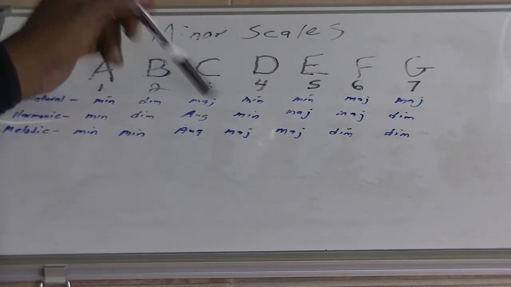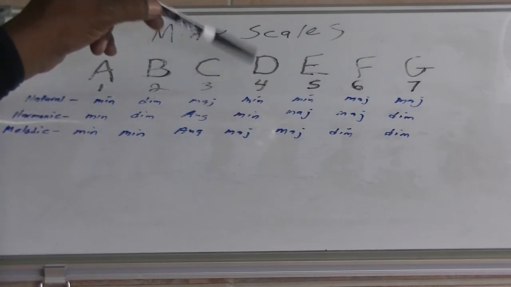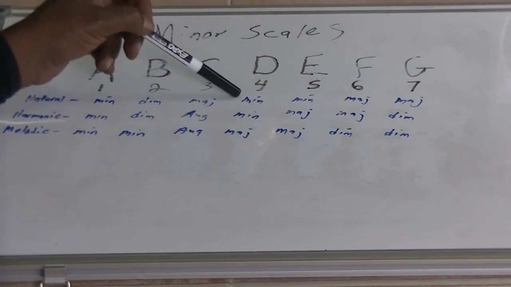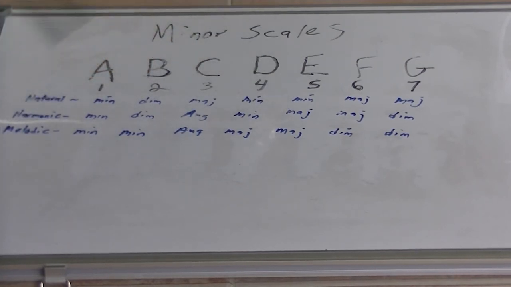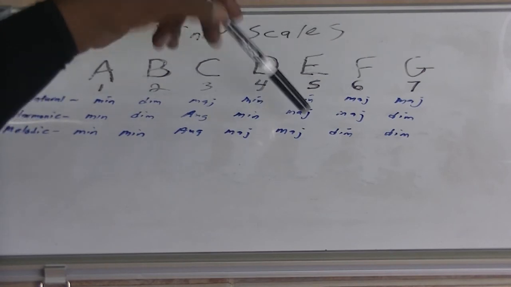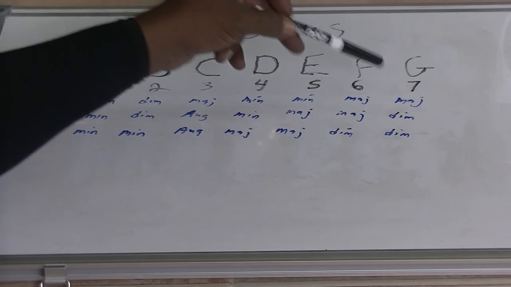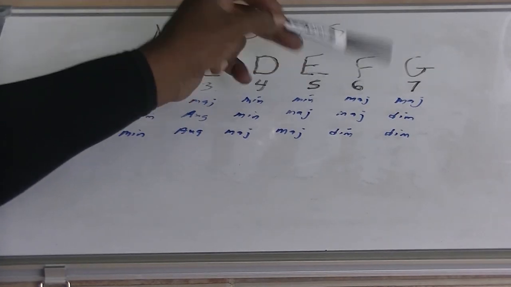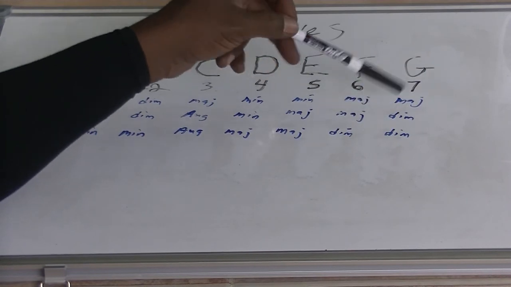When we look at the four and the five, the four chord can be either major or minor, and the five chord can be either major or minor. So the sixth chord, according to what we have here, is either going to be major or diminished. When we go to the seven, it's either going to be major or it's going to be diminished.